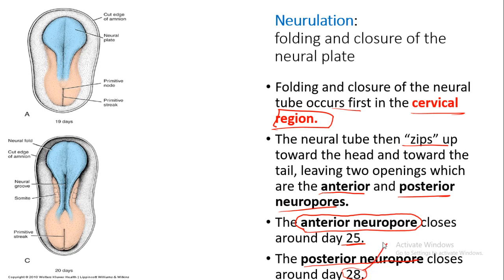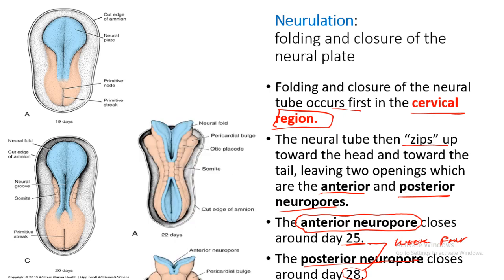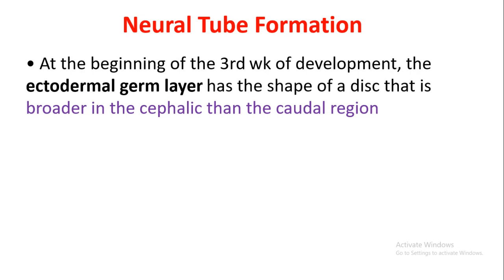This simply means that the closure of both of these is happening at week 4. So during week 4, the anterior neural pore and the posterior neural pore are being closed. These are just other ways in which we can explain what normally happens.